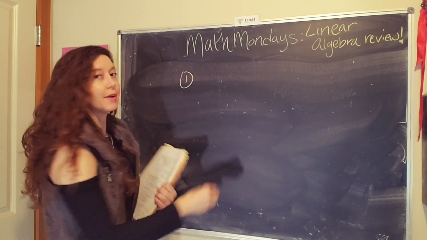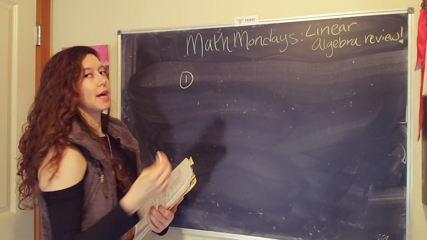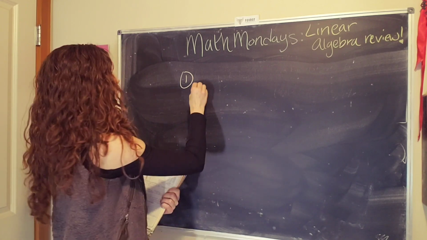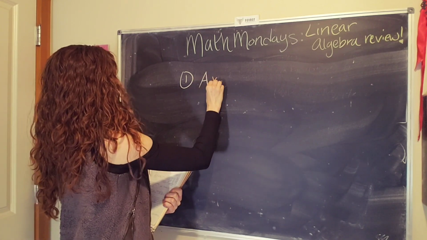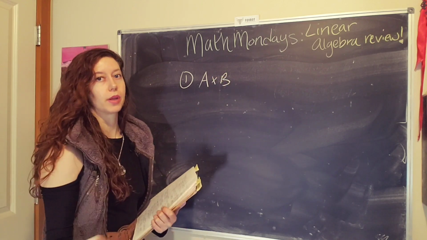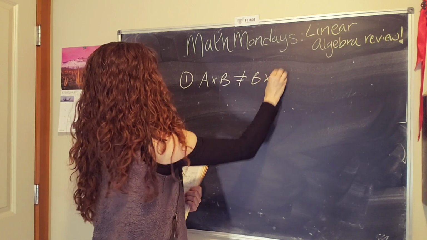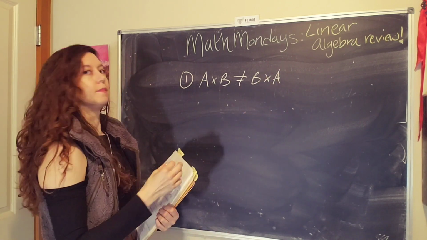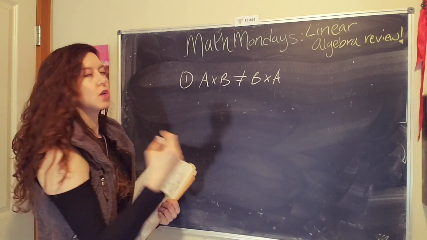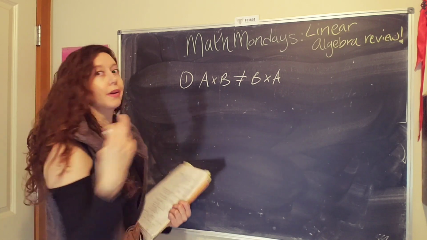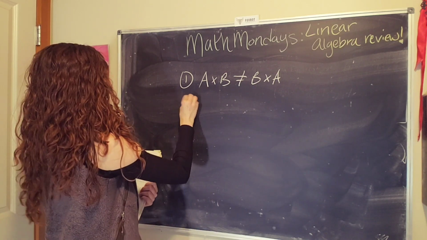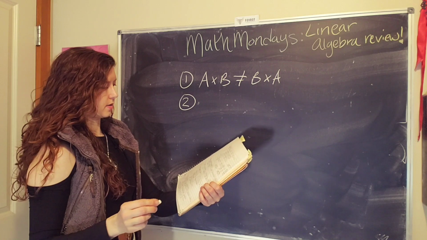So the first I mentioned very briefly is that matrix multiplication is not commutative. So A times B, or sometimes it's called A cross B, does not equal B cross A, which we kind of saw when we did the 3 by 2 and 2 by 3. We get a totally different matrix on that at the end.